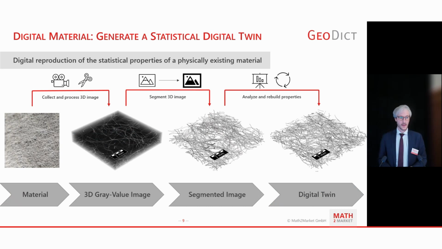As you see here, it starts with the material itself, of course. You collect the image data, you process the image data in GeoDict, segment the image, and then rebuild the material as a digital twin in GeoDict.